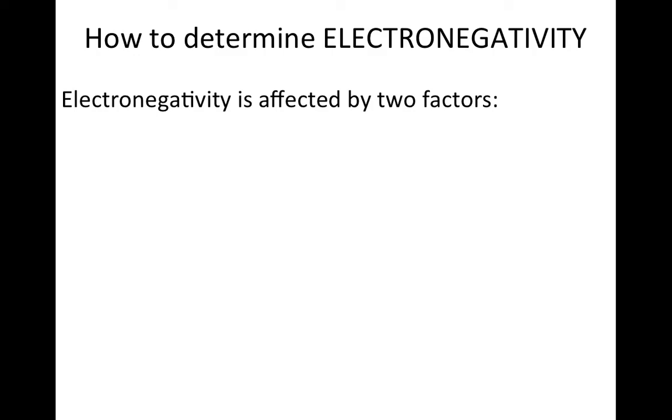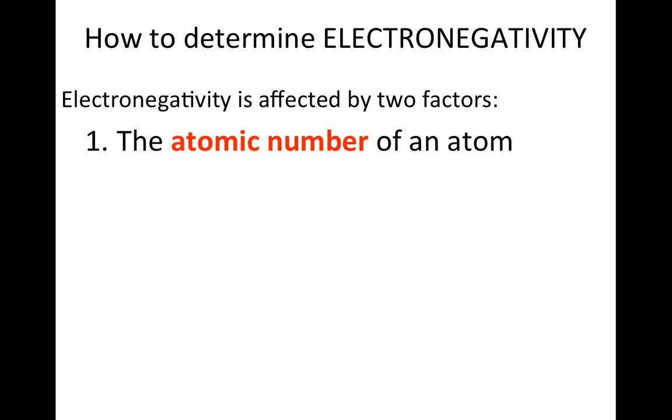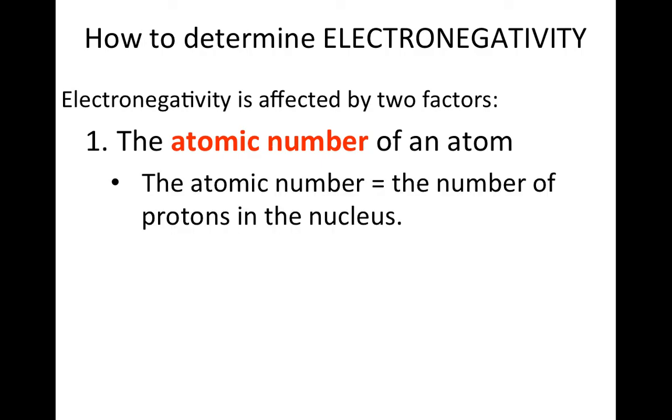Electronegativity is affected by two factors. One, the atomic number of the atom, which equals the number of protons in the nucleus. More protons, higher electronegativity, because those positive charges are attracting the negatives of the electrons.